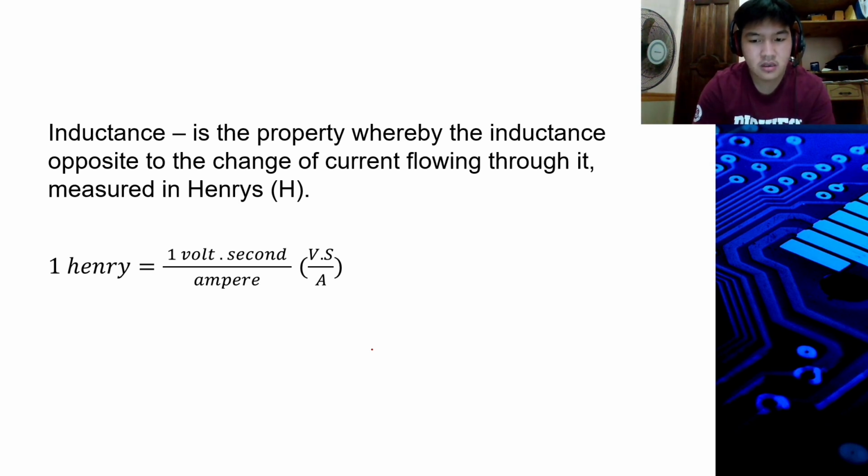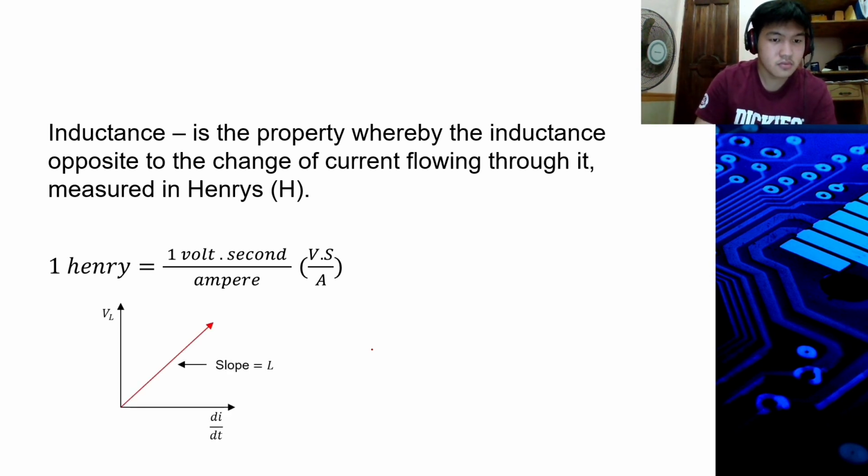So if the capacitor opposes the change in voltage, the inductor opposes the change in current. In the earlier graph, our y-axis is voltage VL, and our x-axis is di over dt or rate of change of current, and this is our slope L. Okay.